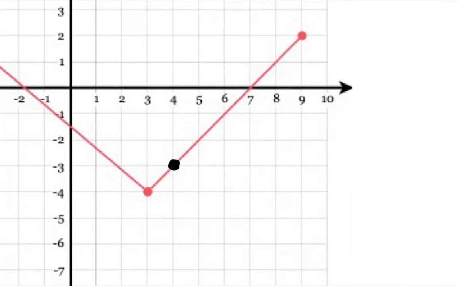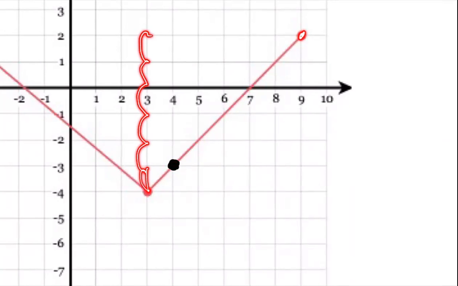Let's see. We could go, it's got dots everywhere, right here, right here, right here. So you can just go up 1 over 1, 1. Or you can say, from this dot to this dot over here, we go up 1, up 2, up 3, up 4, up 5, up 6, over 1, 2, 3, 4, 5, 6, right?